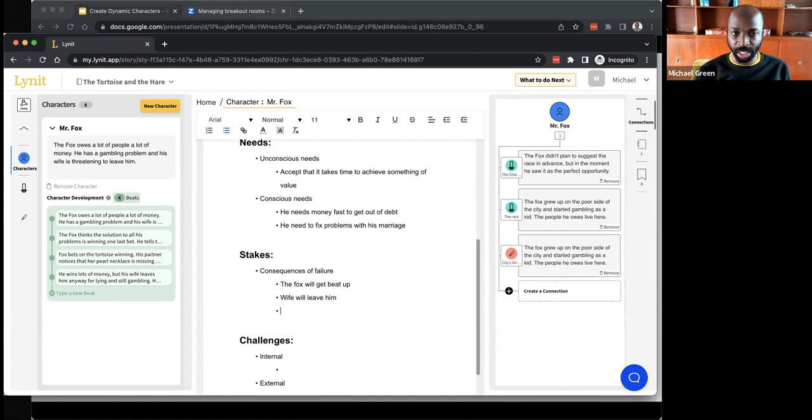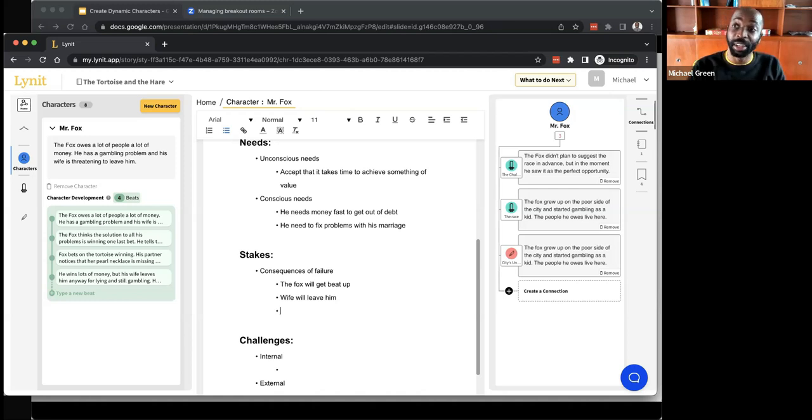And his unconscious need has some stakes as well, right? Because his real problem, his deeper problem, isn't just this particular debt that he has, or just these particular issues he's having with his marriage.